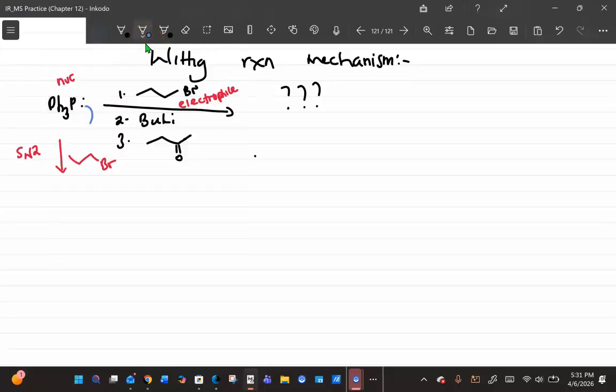So imagine the lone pair attacking the bromine carbon and the bromide falling out. Then you have Ph3P bond and then three carbons. One, two, three. One, two, three. The bromide is gone.